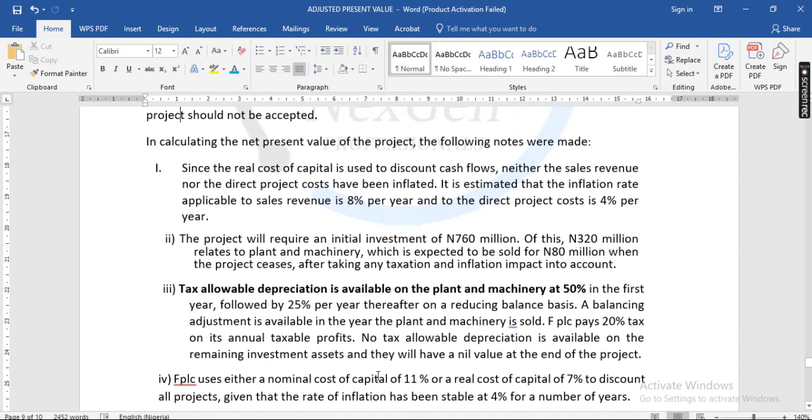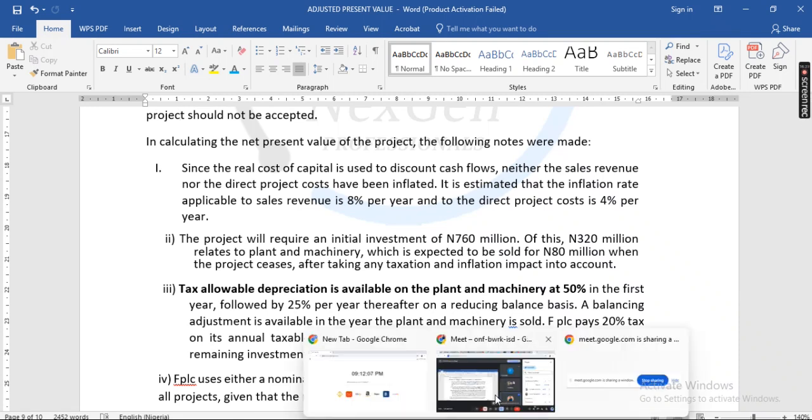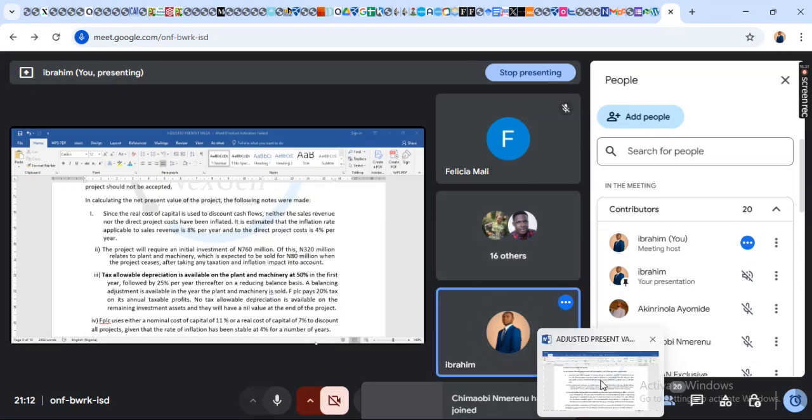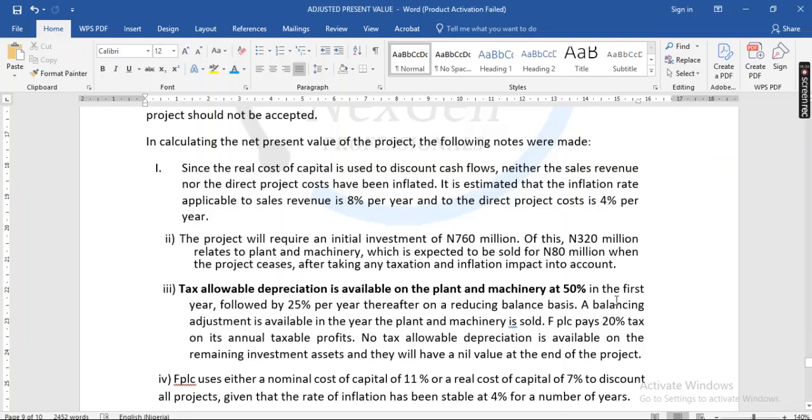Now, a balancing adjustment is available in the year the plant and machinery is sold, which means that in the last year, when you dispose of an asset, you will not claim capital allowance on it unless you make a loss on disposal of that particular asset.